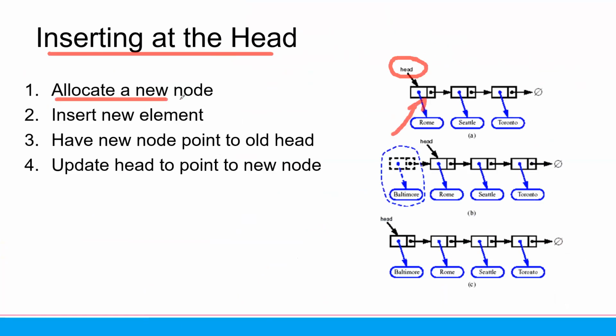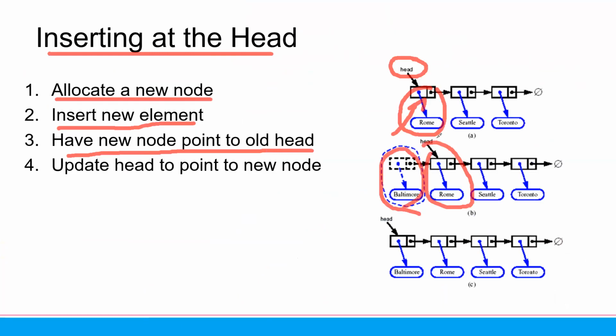I will allocate a new node, insert the new element, and then have the new node point to the old head. So it means the head, which is now at the node where the element equals room, will move to the next node, and then when we have this node, we will move the head to the new node.